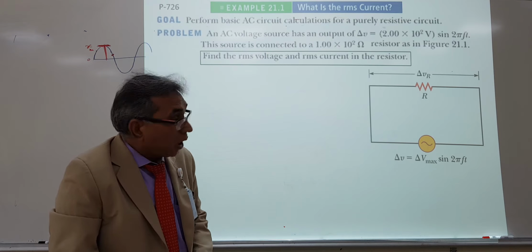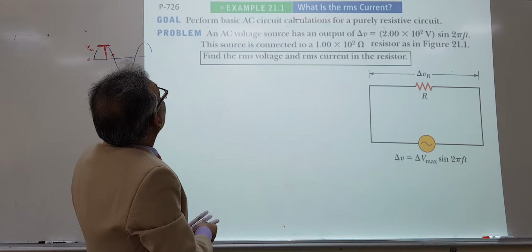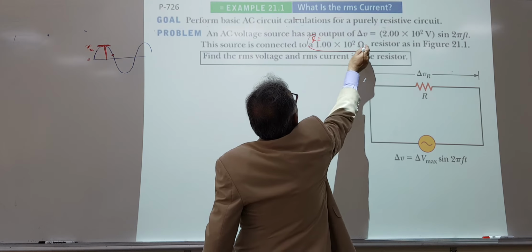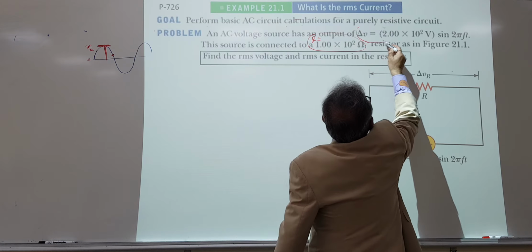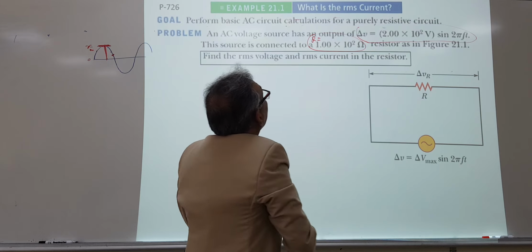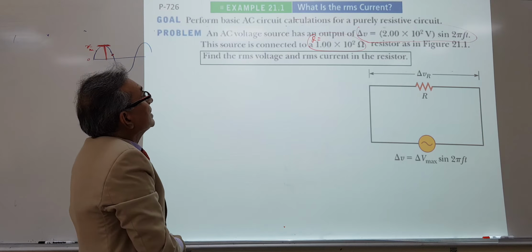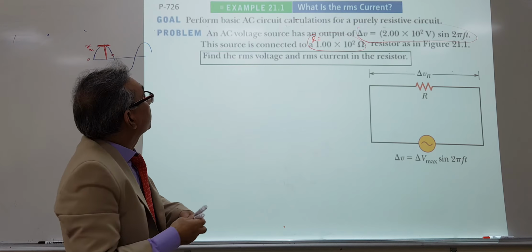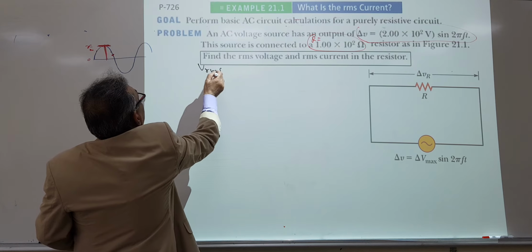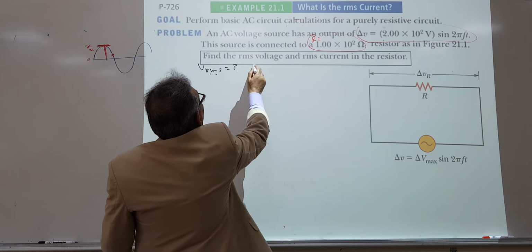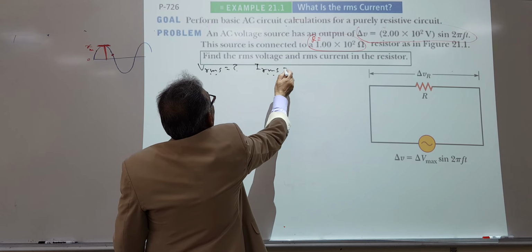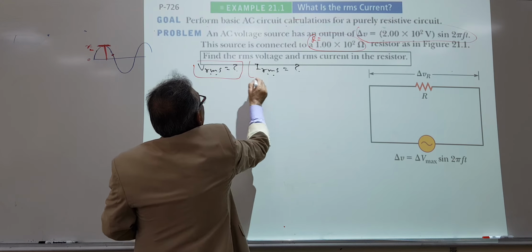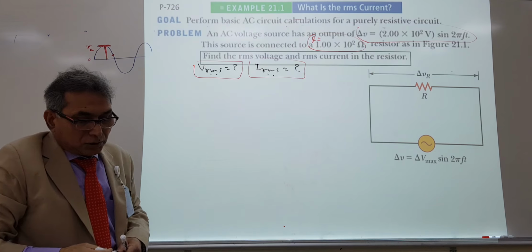R is given to you, this is the resistor R. This is delta V given to you, the voltage at any instant of time. You have to find out V RMS and I RMS. These two things you have to find out.